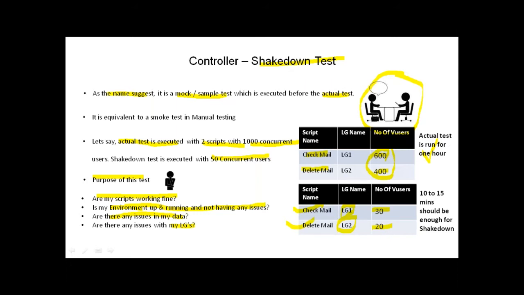As a part of the NFR gathering phase, the client will give you the SLAs for your application. Whether it is 2, 5, 8, or 2 for all the functionalities, or 5 for all the functionalities, he will give. It completely depends on the application. From your side, all you have to do is compare whatever results you get with the SLAs. Parmesh, have I answered your question?